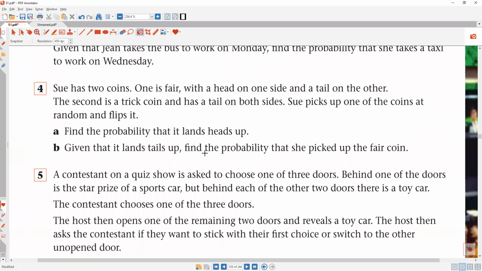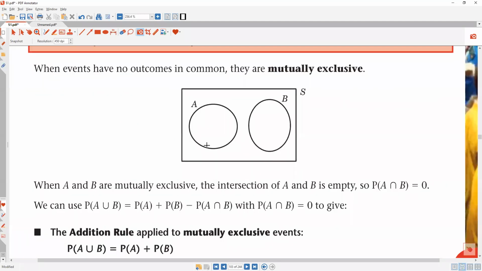Next is mutually exclusive. Mutually exclusive means when there is nothing common between the two events. Remember this formula we did that time? In this one, since there is nothing common, instead of A intersection B, we write 0 here.